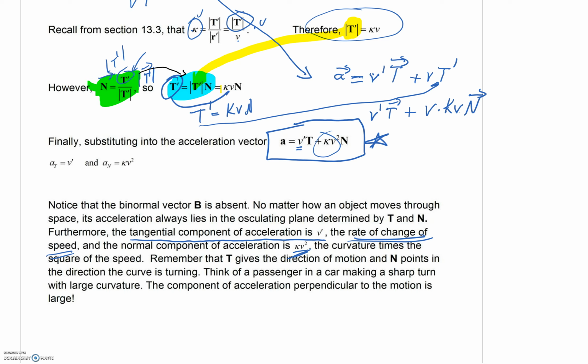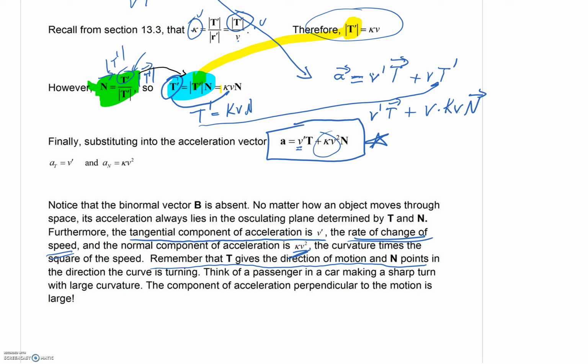So how can we see this in a physical interpretation? Remember that the unit tangent vector gives the direction of motion, and N points in the direction that a curve is turning. So let's say that you're driving at a relatively high speed and you're beginning to accelerate.